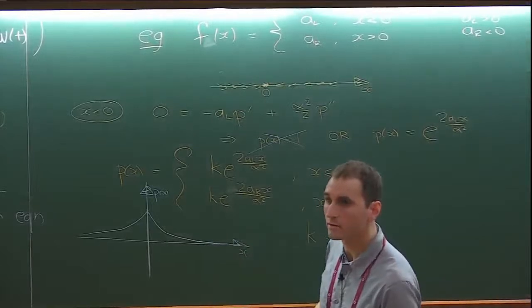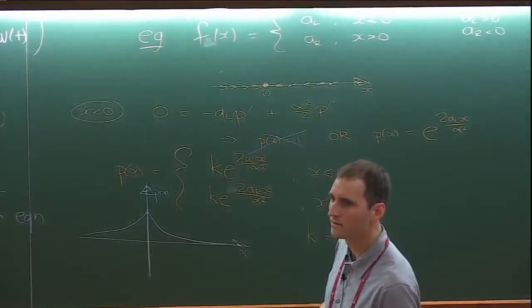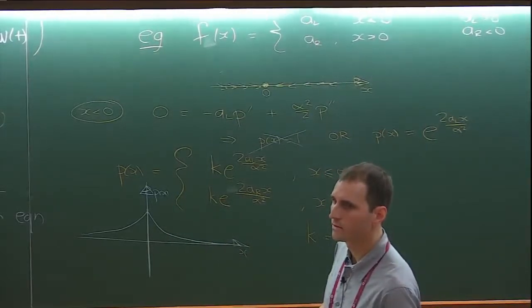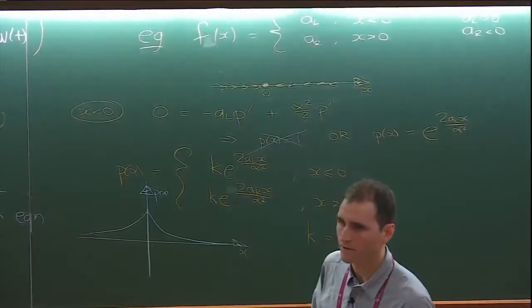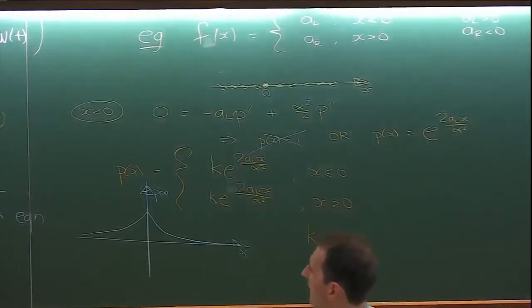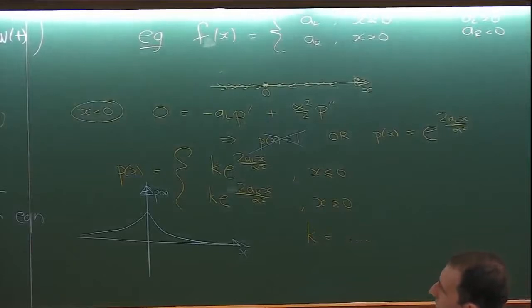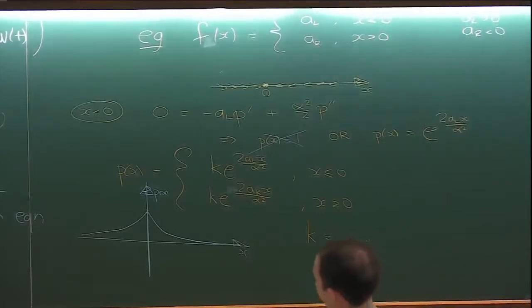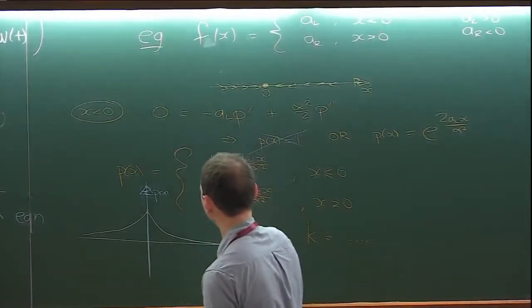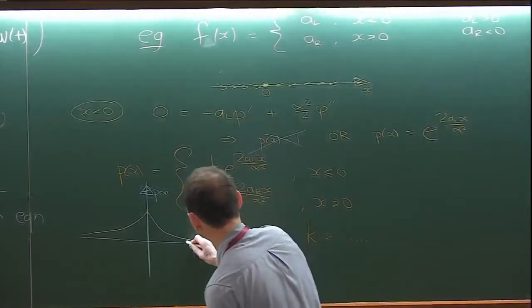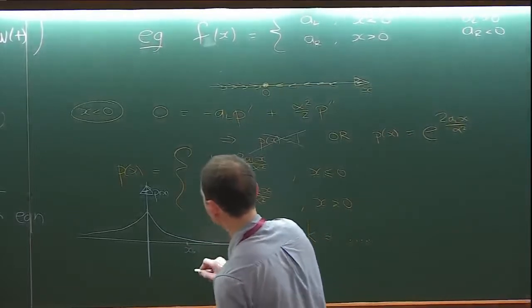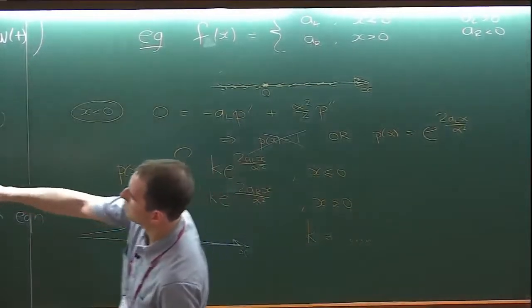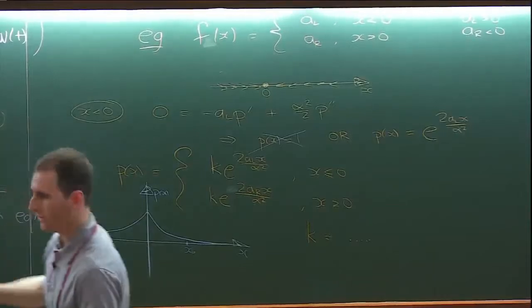So what's the form of P? That's a good question. You've got some value of x naught. Initially, the density is a delta function.